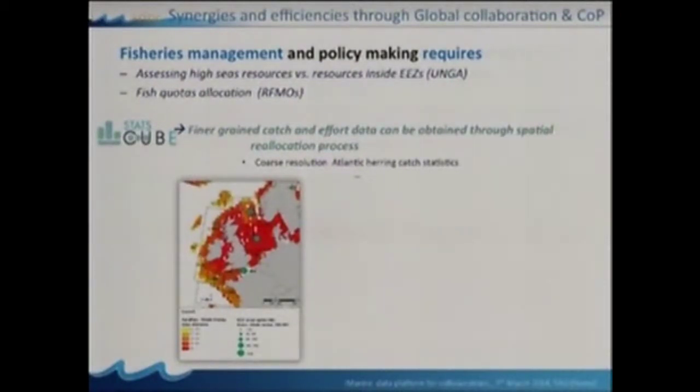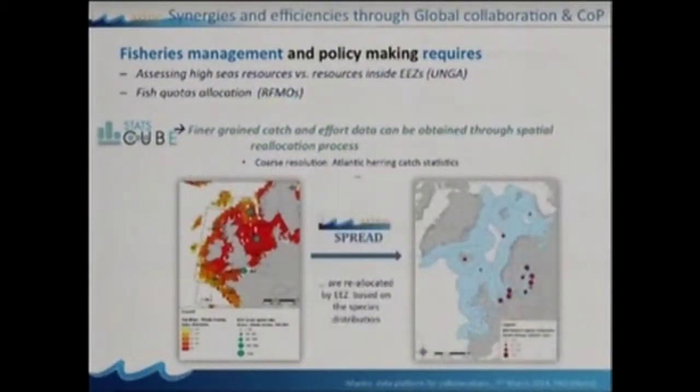So when you have in your hands relatively coarse fishery statistics of capture data, as you can see with the example here given with the green circle, and if you have in your hands also species distribution maps, which is the case of the gridded red shaded colors for Atlantic herring here, you can, through reallocation algorithms, define some models to reallocate catch statistics by EEZ.